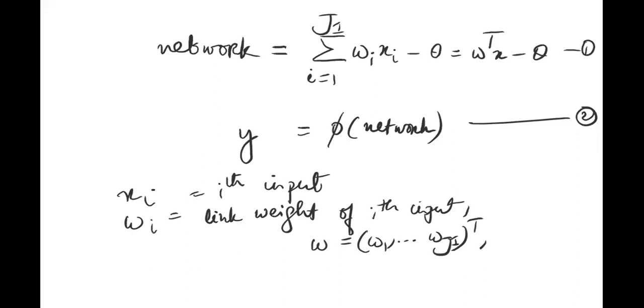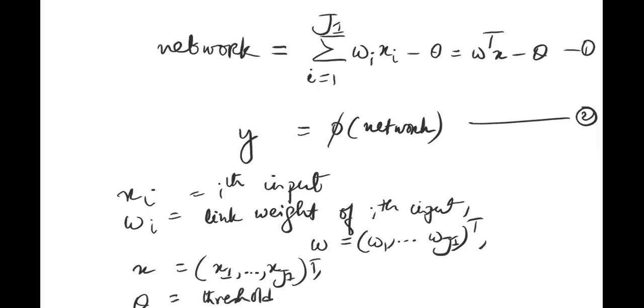And your X is X1 to XJ1 transposed. And theta is your threshold value, or actually this is your bias, as I mentioned before. And J1 is your number of inputs.